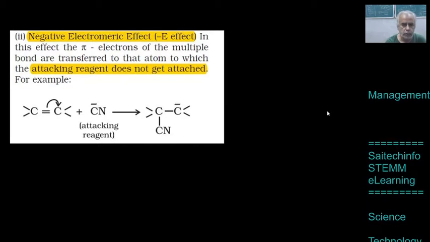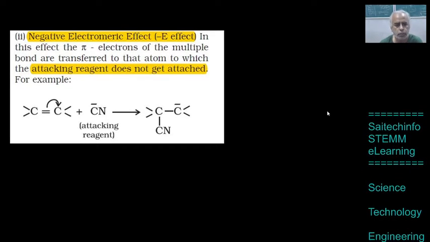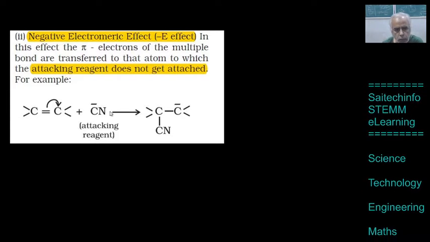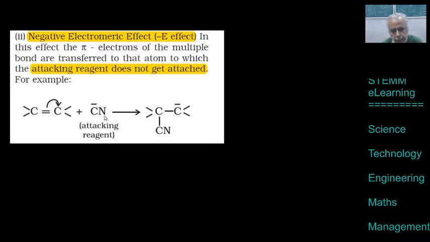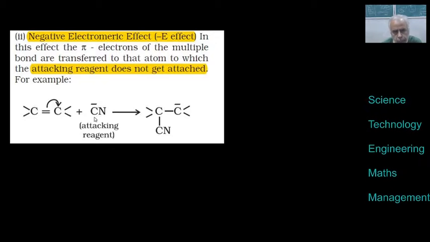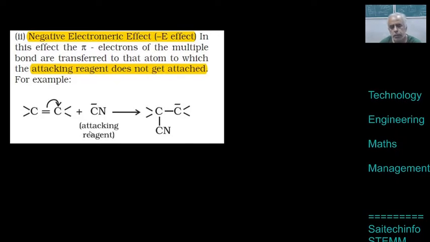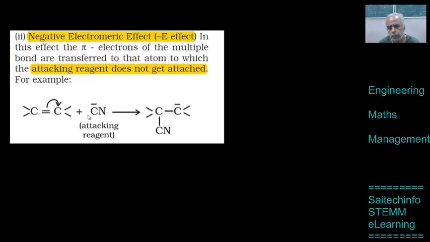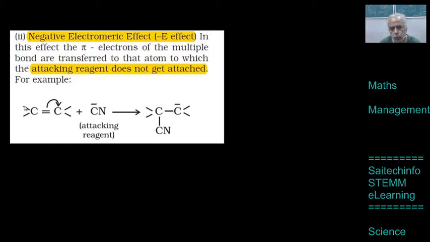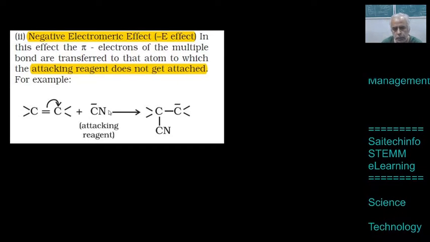Now you can find a transfer of pi electron from acetylene, as we have discussed. Now the attacking species is CN minus, and this attacking species will prefer the carbonium ion, is it not? Because this is minus.